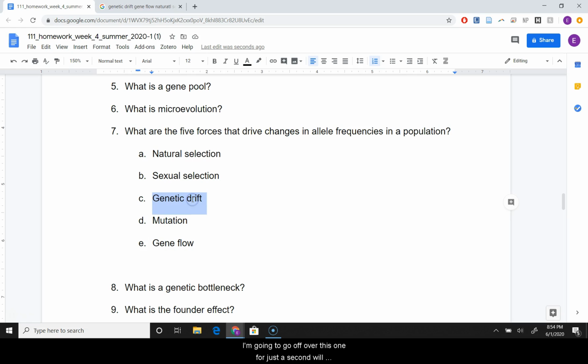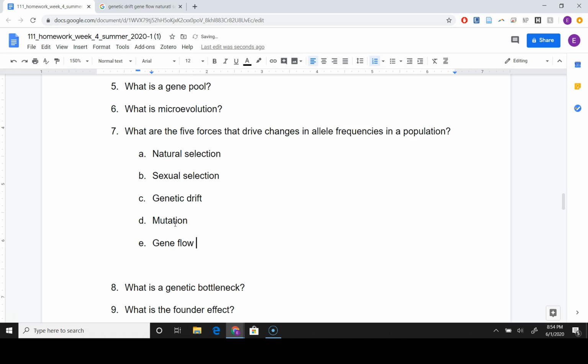I'm going to gloss over this one for just a second. We'll come right back. This is the hardest one, so we'll come back to it in a second. Now we've got mutation, which is basically the change in alleles. So mutation would be like if this sequence changed into this sequence. Notice here that the G changed into a C. That is another driver of evolution.